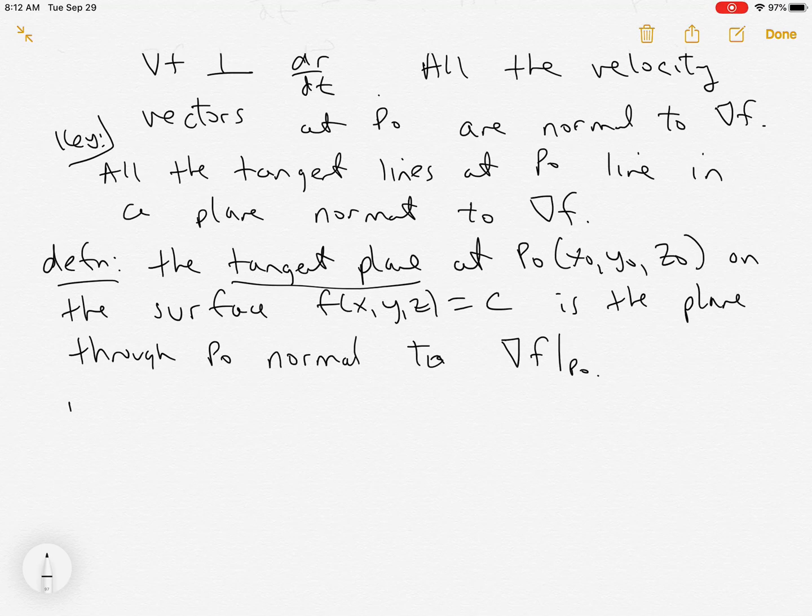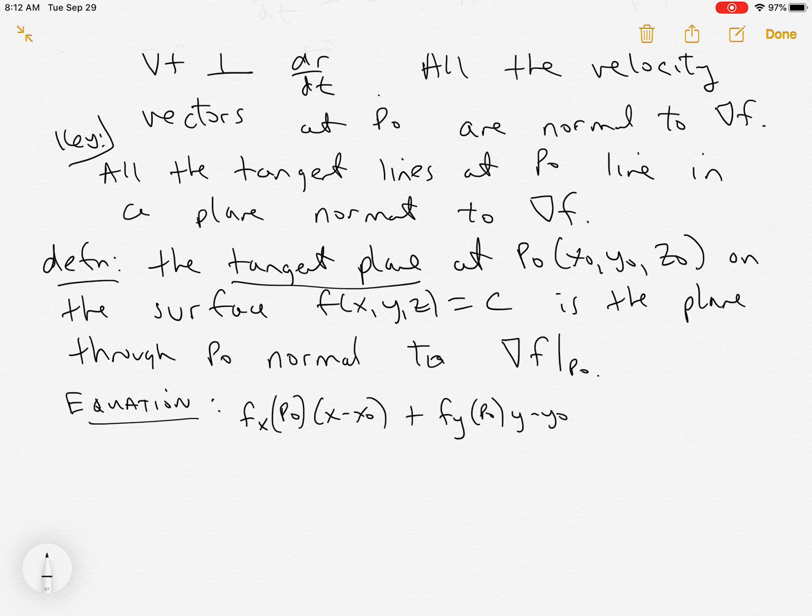And the equation of this plane is: the x partial evaluated at P naught times x minus x naught, plus the y partial evaluated at P naught times y minus y naught, plus the z partial evaluated at P naught times z minus z naught, and all that equals 0.